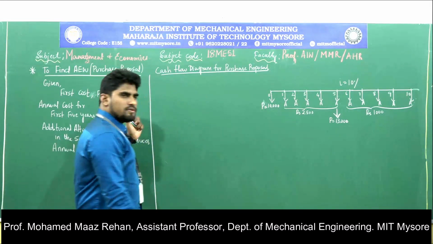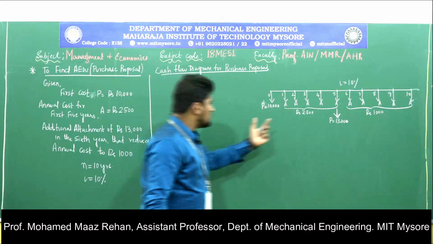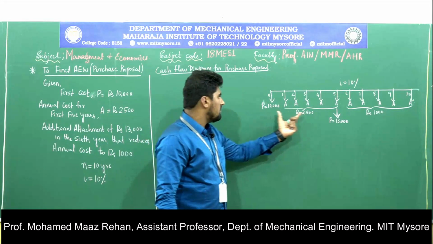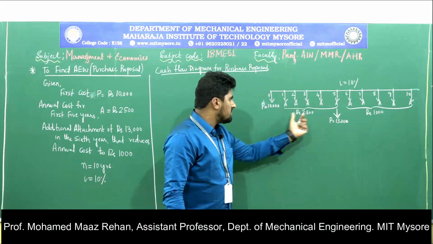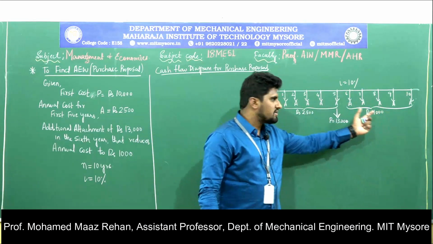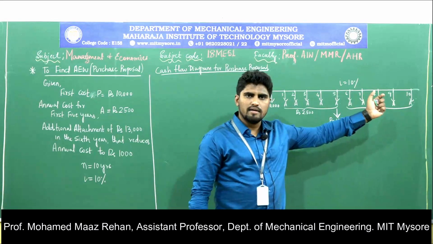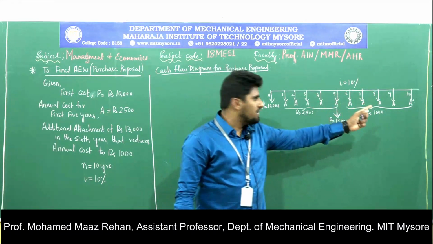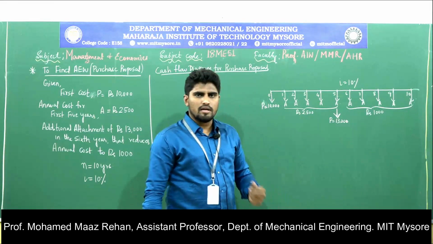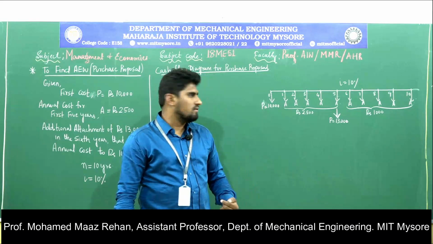Here we are proceeding with annual equivalent worth, correct? For the first 5 years the annual operating cost is rupees 2,500, and for the next 5 years it is 1,000. It is not equal for the entire life, right? For the entire 10 years the annual cost is not equal. So for such problems, how can we solve this?